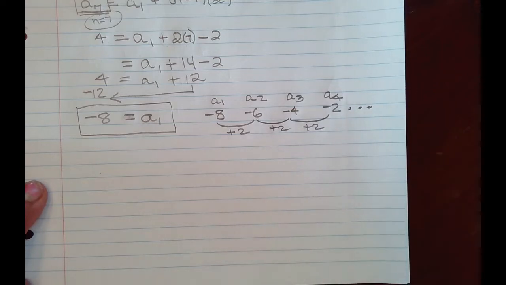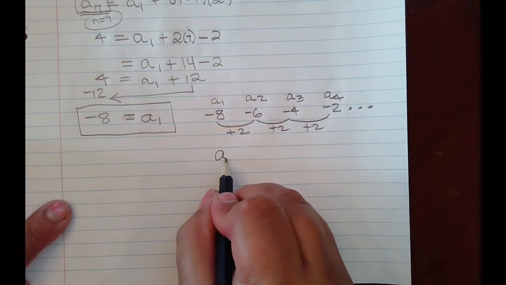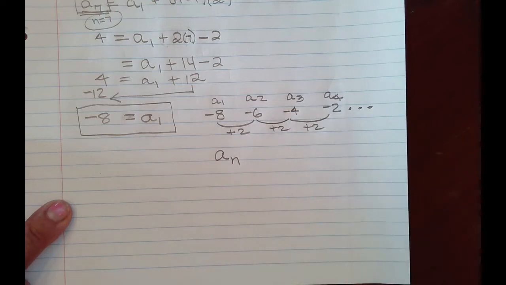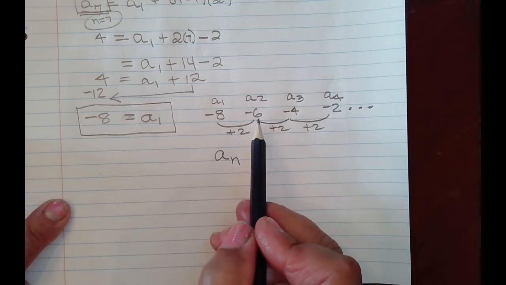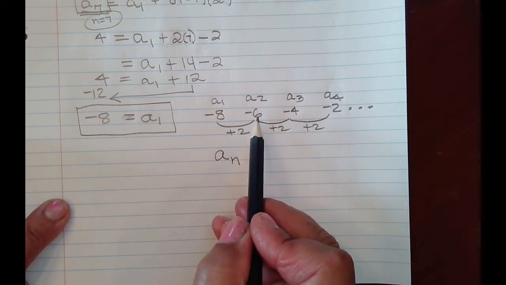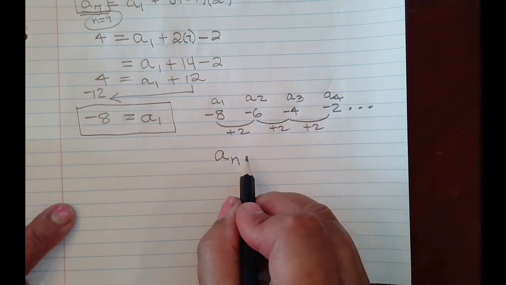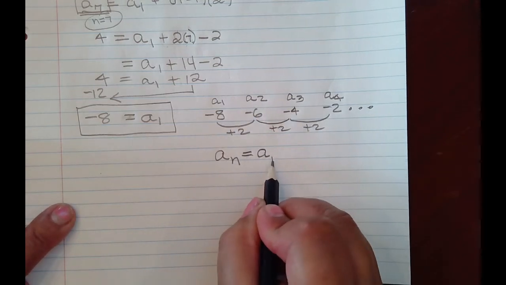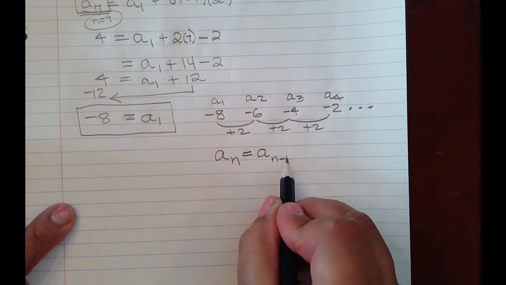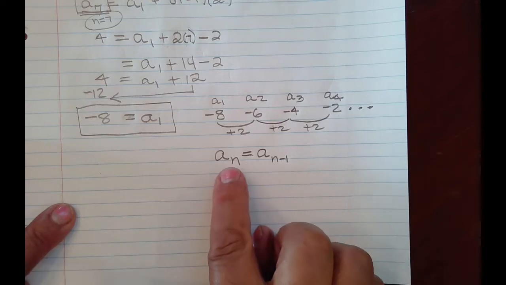To give a formula recursively, any term in this sequence after the first term would be the previous term. This is how you write the previous term. Instead of n, call it n minus 1. That means the term before this one.